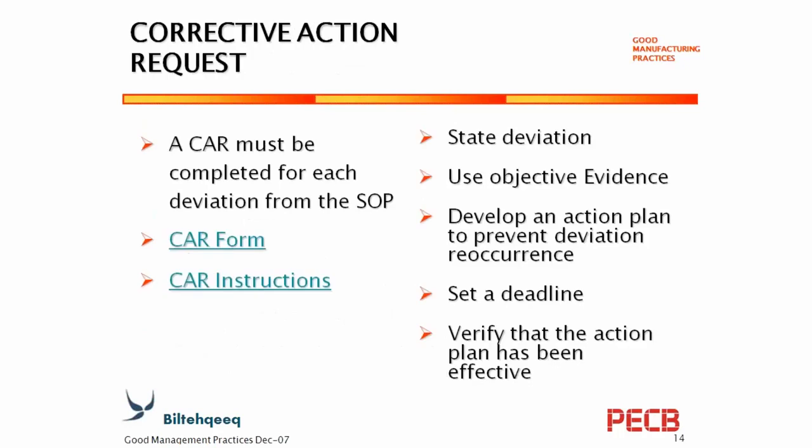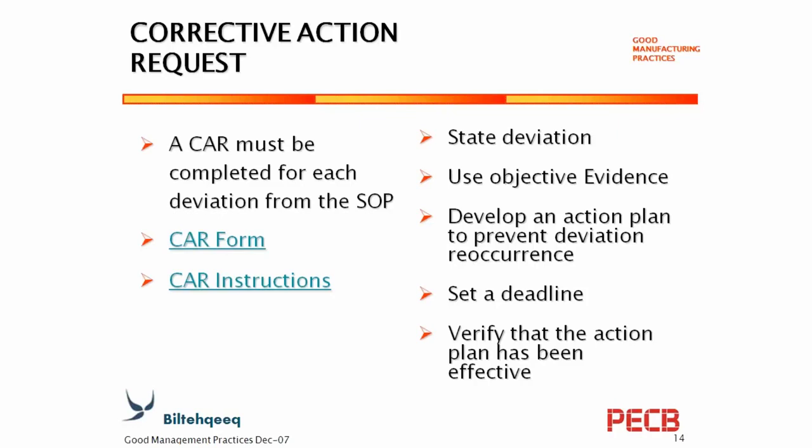The other concept is the corrective action request. As I discussed in the previous slide, if there is any deviation from the SOP, you should take corrective action, and you must have a corrective action form.